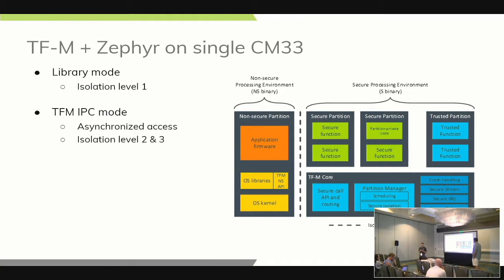Based on TF-M IPC mode, the difference of multiple core support in TF-M from single core is the communication and function call between processors. For the following slides, IPC stands for interprocessor communication.